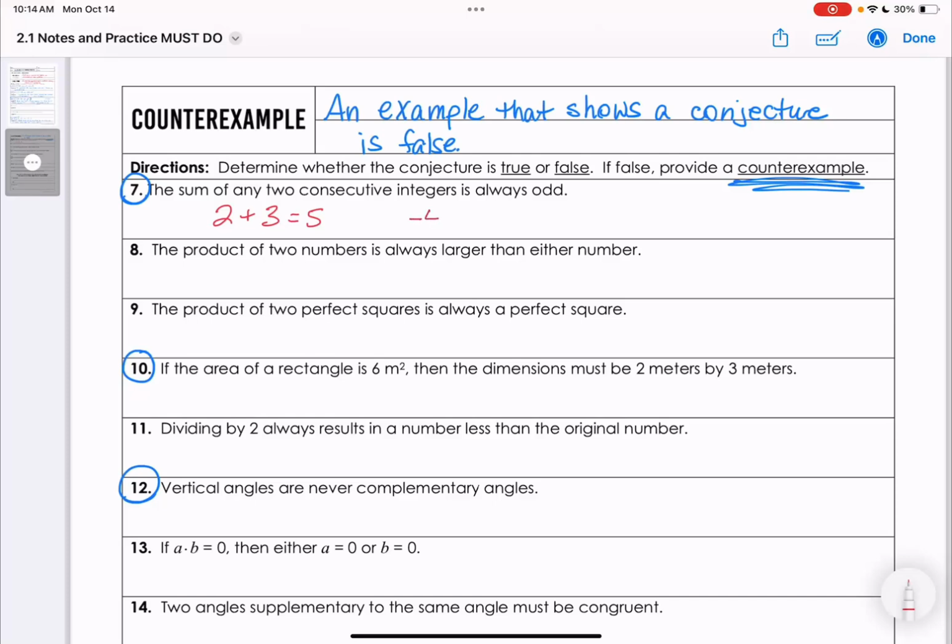So negative 4 and negative 5 would be negative 9. That is also odd. If we do negative 4 and negative 3, negative 7, yes, odd. Can you come up with any example where it is not odd? Can we come up with a counterexample? In this case, no, because this is true.